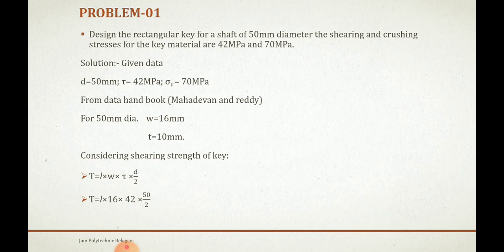W is the width of the key, that is 16 mm. Tau is 42 megapascal, or 42 Newton per mm square. D is 50 mm divided by 2. So you will get T equal to 16800 into L. In terms of L, you will not get a direct value of T. Let us call this equation number 1.